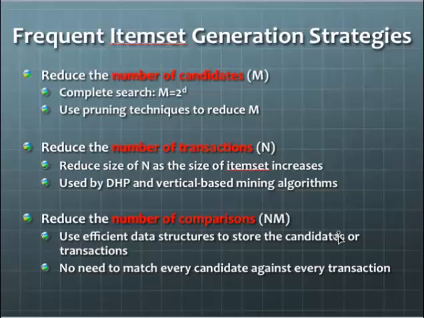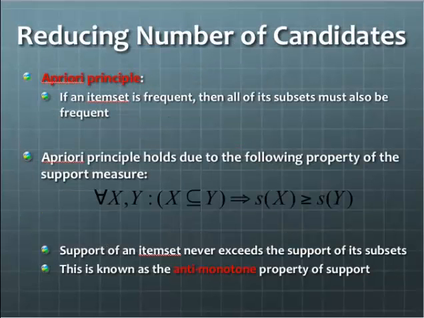In the remaining part of this lecture, we will focus on the first way to improve the frequent item set generation strategy. Okay, now I'm going to describe how the support measure helps to reduce the number of candidate item sets explored during the frequent item set generation.